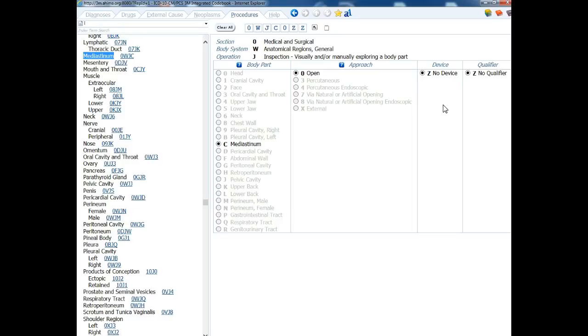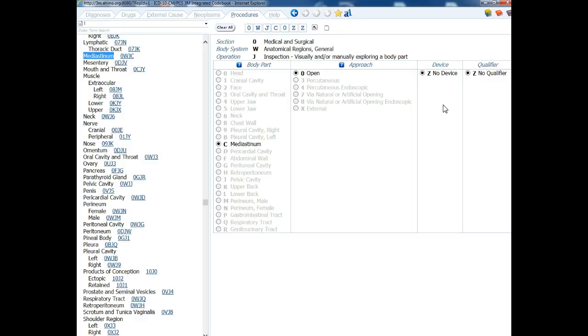Now, sometimes the physicians will tell you that it was a biopsy within the description of the operation performed. He'll say biopsy of so and so. Sometimes reading the operative report, he will tell you that he has biopsied a certain structure.